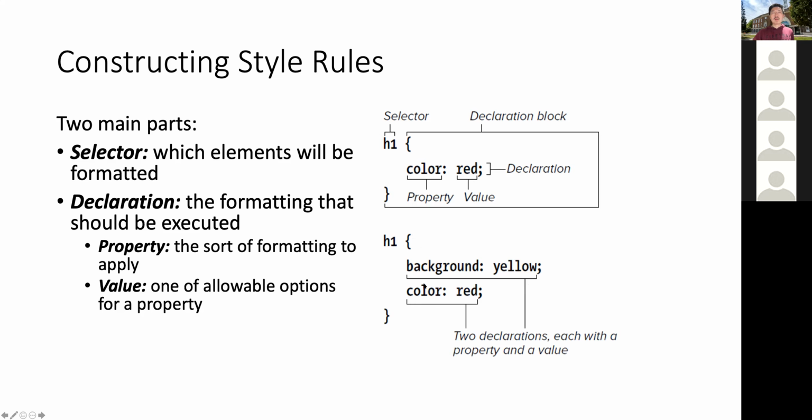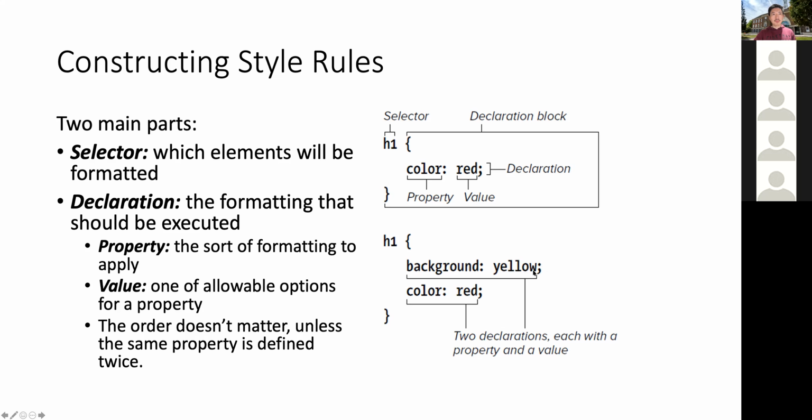That means not the color of the text, but the space behind it, but make the text actually red. So you can have two. Just remember, you have to use a semicolon at the end of each rule. And the order doesn't matter. If you put the color red first, that also works.